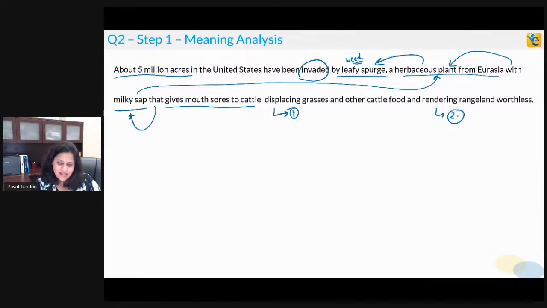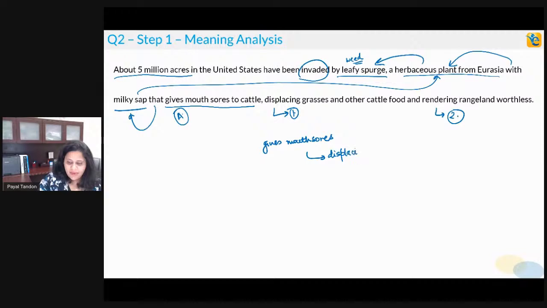So it seems as if the sentence implies that this milky sap gives these mouth sores, and this leads to displacing grasses because of these mouth sores. The grasses and the other cattle food are displaced, and this thing also renders the rangeland worthless.